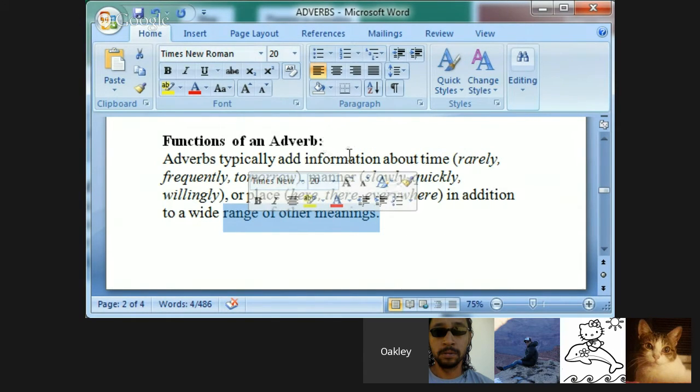Also, when we talk about functions of adverbs, be aware that some adverbs have different functions. Some words that are adverbs can also be a subordinating conjunction. Last class we looked at yet. It has a couple of different functions.